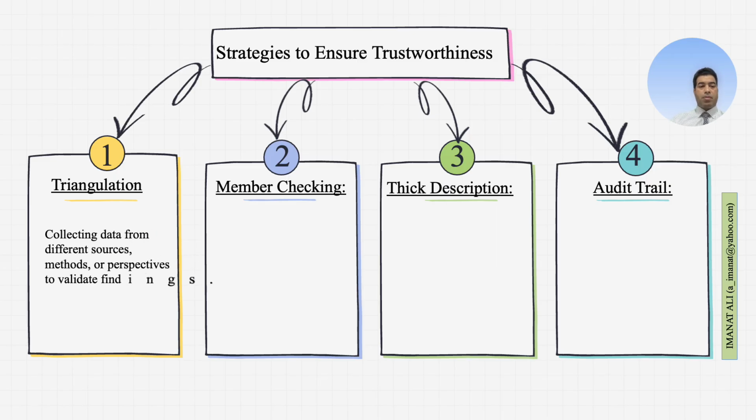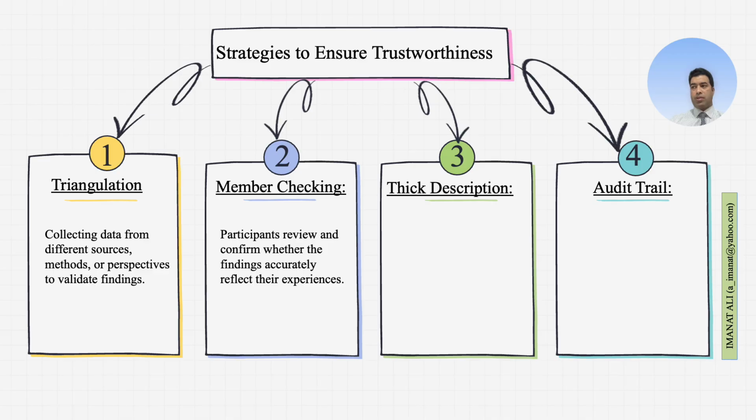Triangulation means collecting data from different sources, methods, or perspectives to validate findings. Member checking means participants review, and it is sent to experts and experienced persons to ensure trustworthiness.